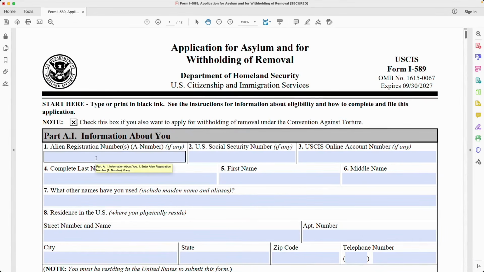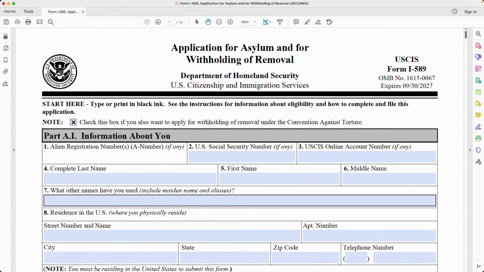This first question, number 1, asks for your A number. If you have been detained by immigration officials or had another immigration case before, you probably have an A number. The A number is an immigration identification number used by the U.S. government. It has 9 digits. You can find it in your immigration documents, like documents from ICE, a hearing notice from the immigration court, or notices if you ever had a different type of immigration case.